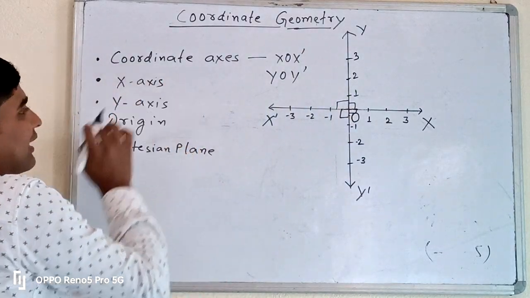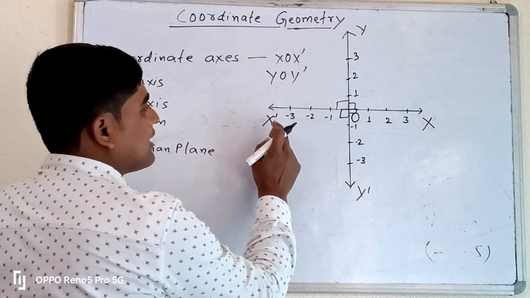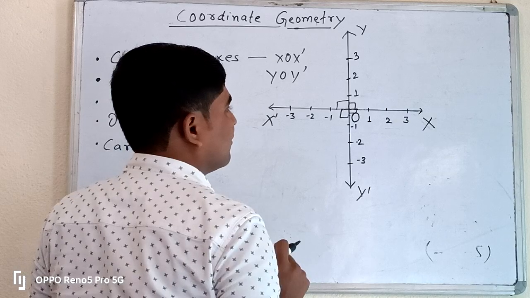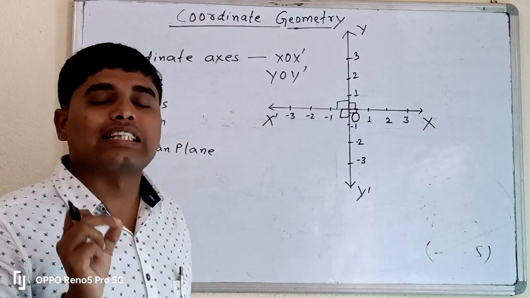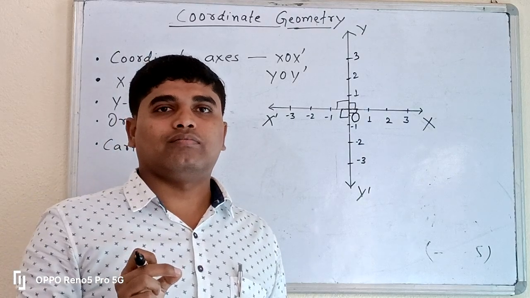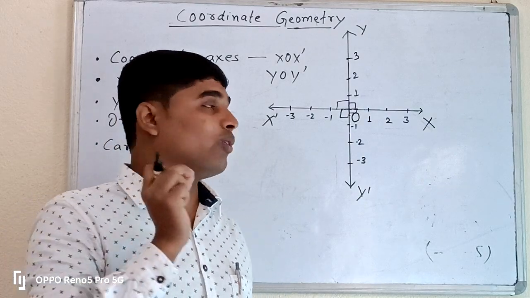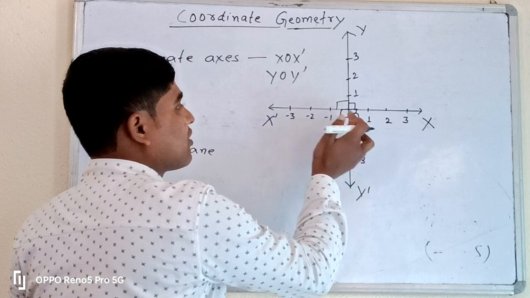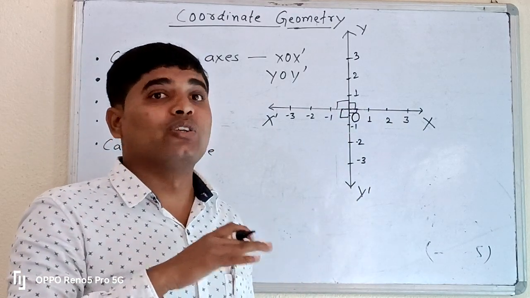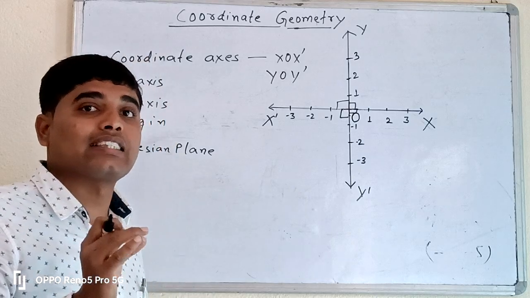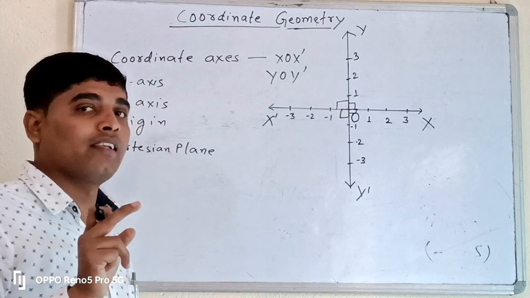Then after that, the x-axis. The line X O X dash is called the x-axis. Very important term. X O X dash means the horizontal line, and the horizontal line is called the x-axis on the graph paper.